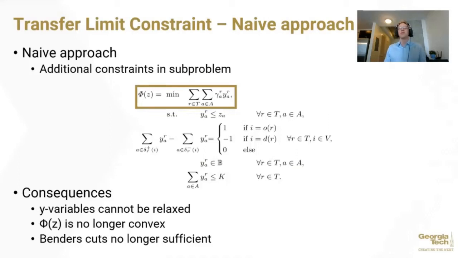Even worse, because this function is not convex, Benders cuts are no longer sufficient to solve the problem. There are ways to deal with this. For example, you can work with combinatorial Benders cuts. But from a computational standpoint, this means that things will be much more difficult to work with.